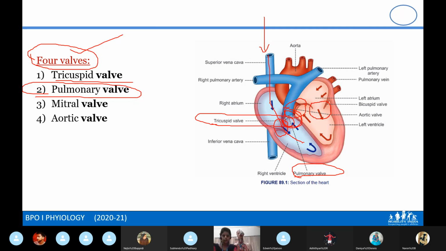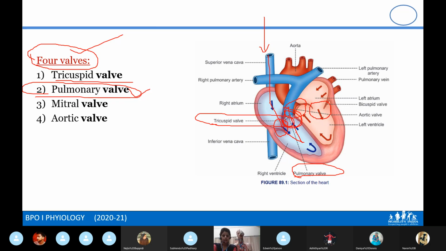So now from the right ventricle, blood goes via the second valve, that is pulmonary valve. That is why, if you learn the names of the valves step by step, it will be easy for you to correlate one after one.